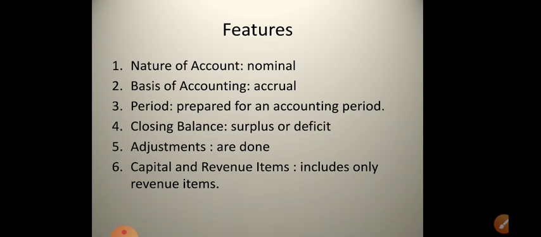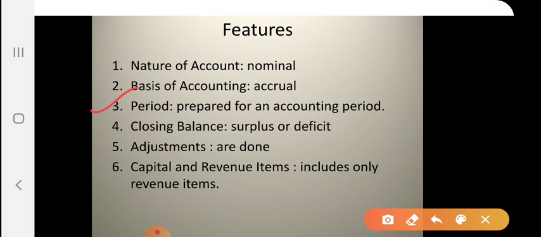But income and expenditure account requires adjustment. Next is period. Period means it is prepared for an accounting period, like starting from 1st April to 31st March of a year.